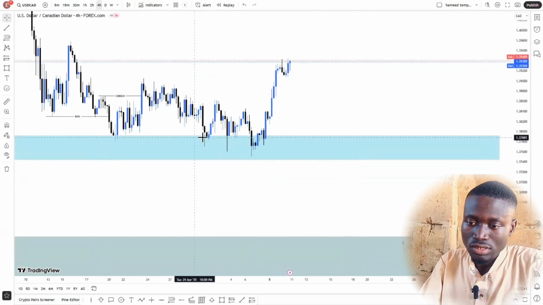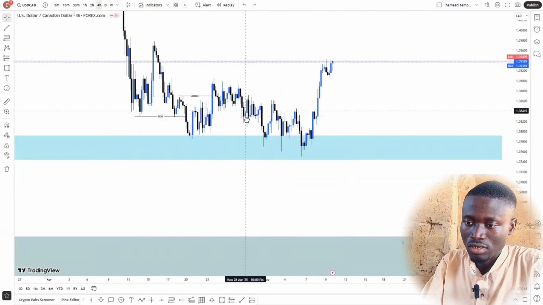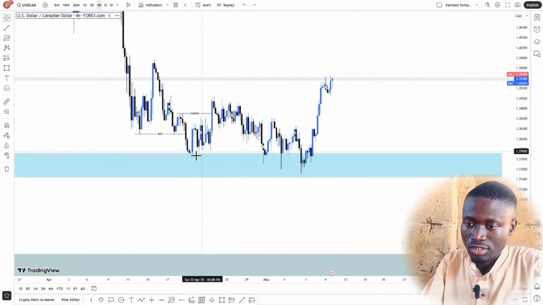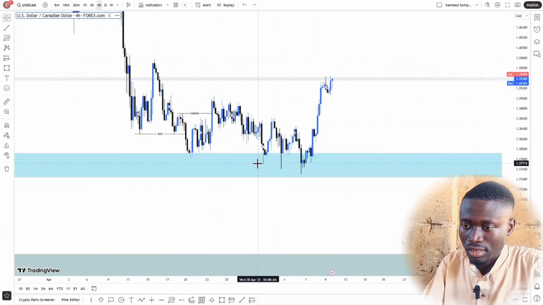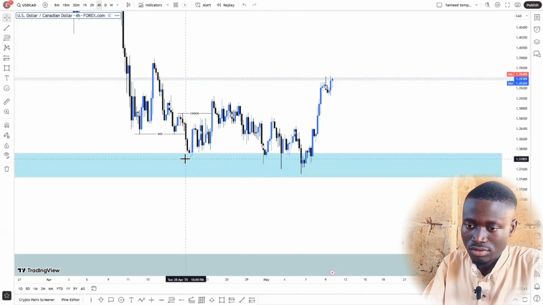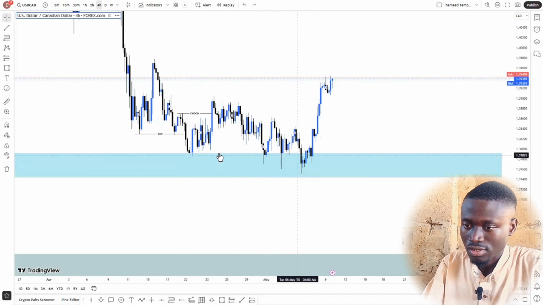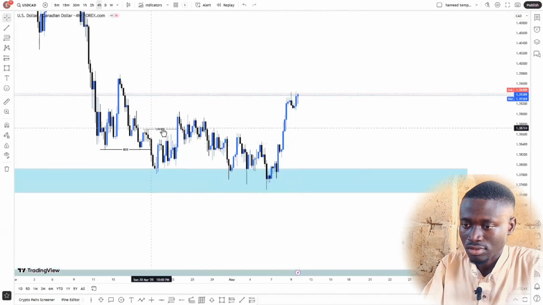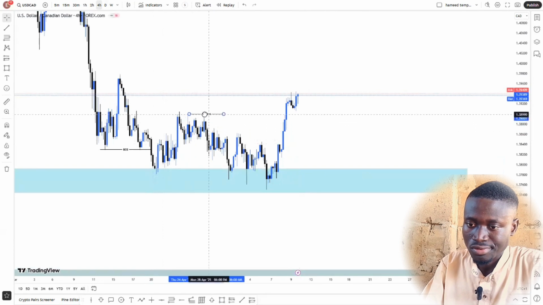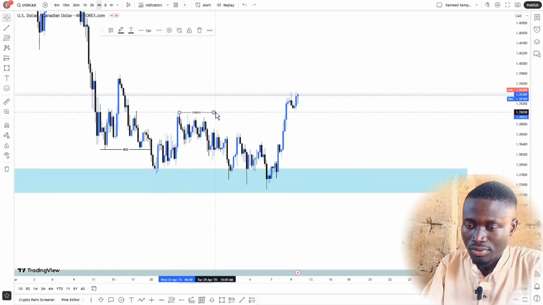Now since we have all this, change of character here, no structure here, no anchor, nothing. So all this should be our EOS.